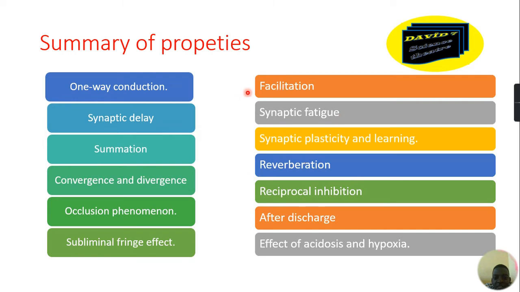We have facilitation, we have synaptic fatigue, we have synaptic plasticity and learning. We have reverberation, we have reciprocal inhibition, we have after discharge, and we have effect of acidosis and hypoxia.